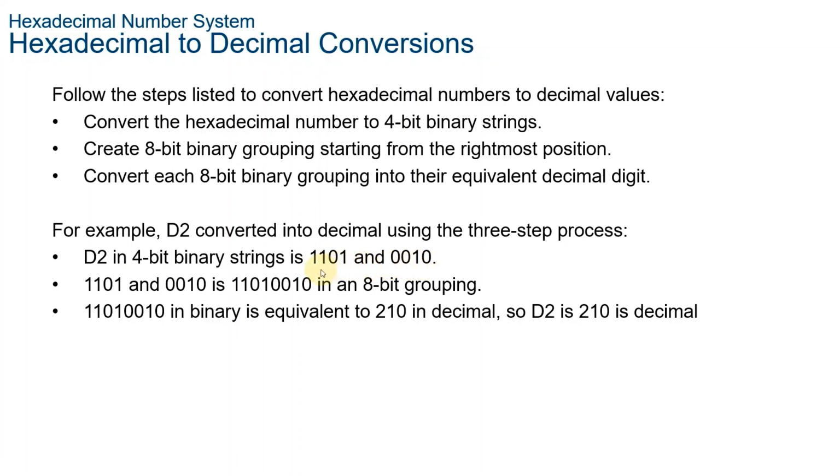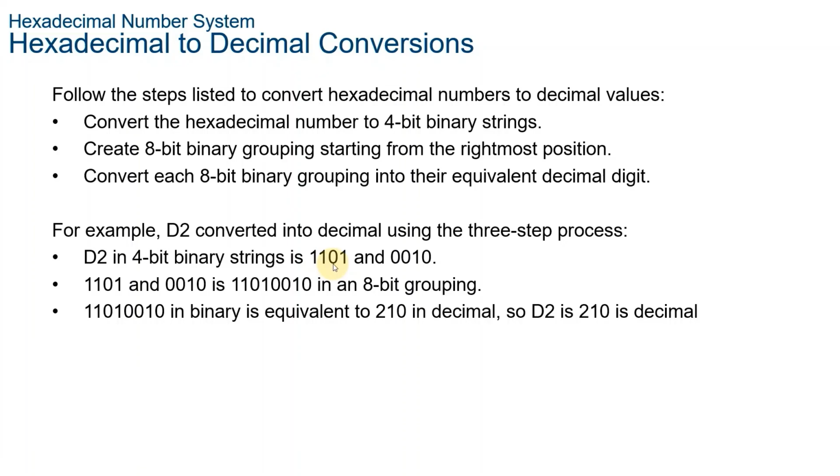Now, how did we get 1101 here? From the positional values presented in the previous slide, we have 8, 4, 2, 1. So 8 plus 4 is 12, plus 1 is 13. And 13 decimal is equivalent to D in hexadecimal. That's why D is equivalent to 1101.